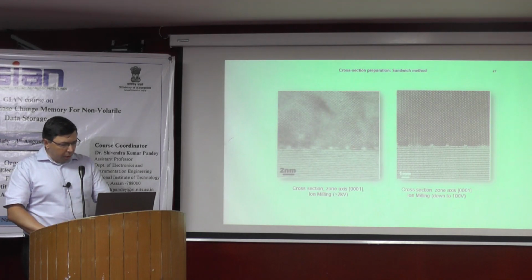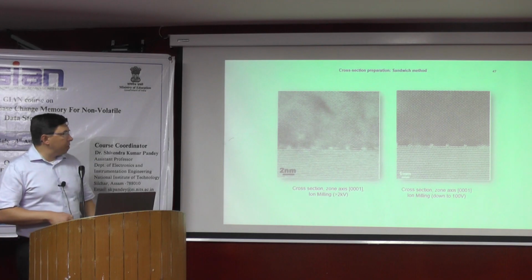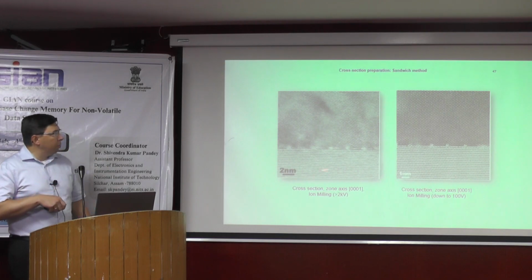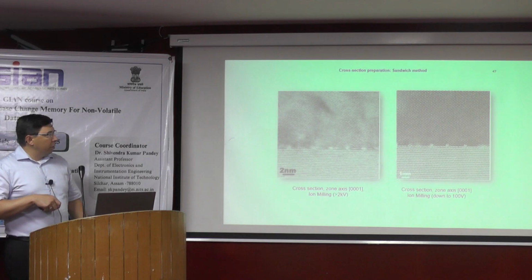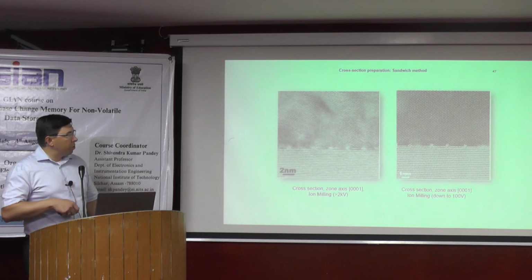So another problem is also the thickness and the formation of an amorphous layer. So here, this is the thickness problem: your sample is first very thick, so you use ion milling with beam energy more than 2 kV, and then you see here the blurred image.